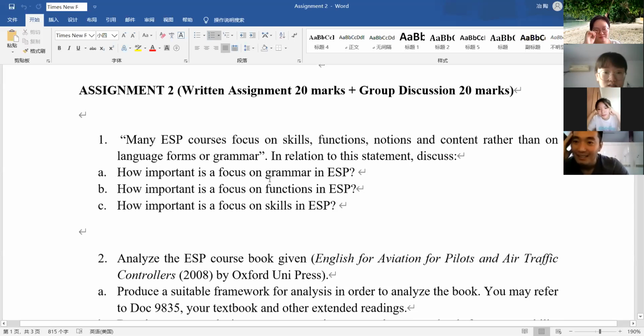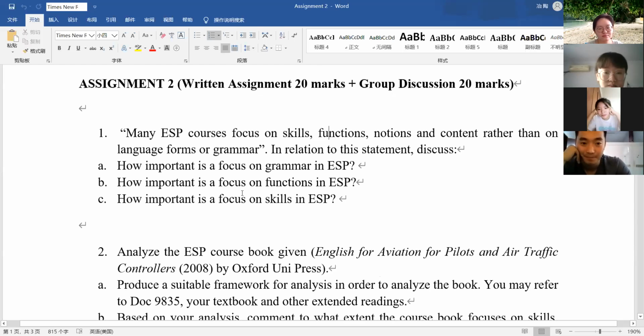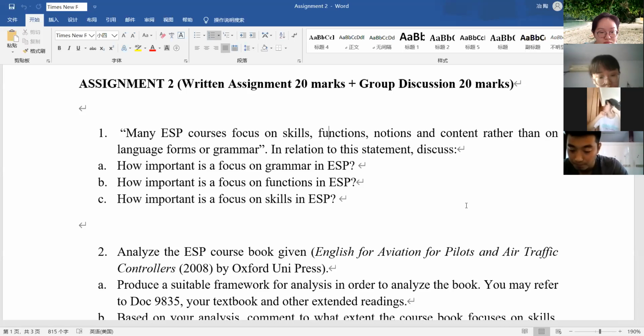Function. As we have mentioned before, function is regarding how language is used. Sometimes it's for communicative purposes, such as asking permission or expressing our feelings. There are a lot of functions concerned with social behavior, and function in language also represents the intention of the speaker or writer.